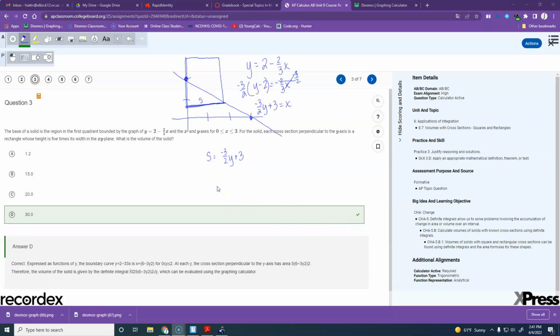Okay. All right. So our area here, your rectangle has a height that is 5 times the width in the xy plane.